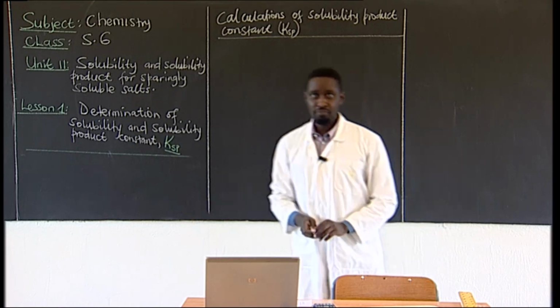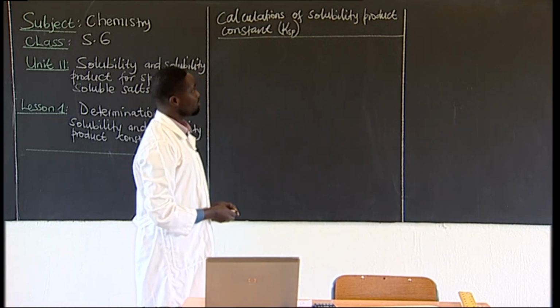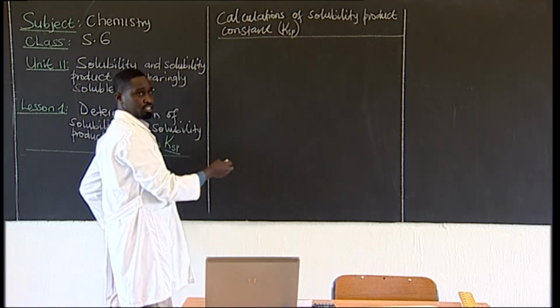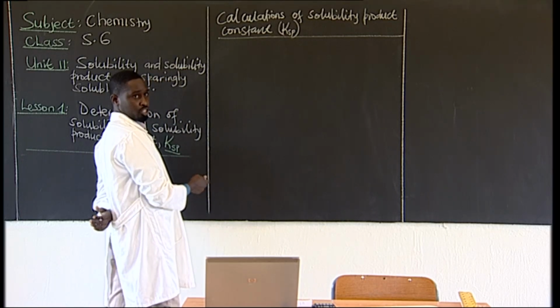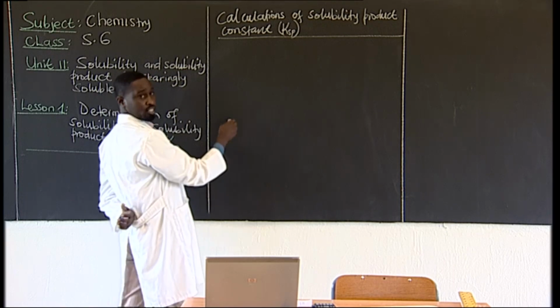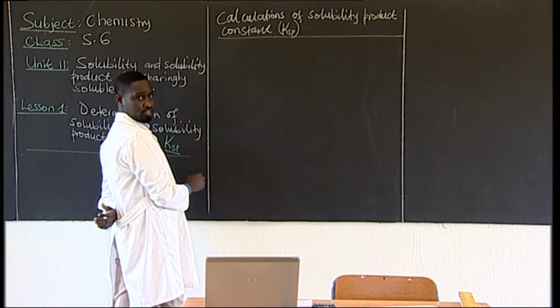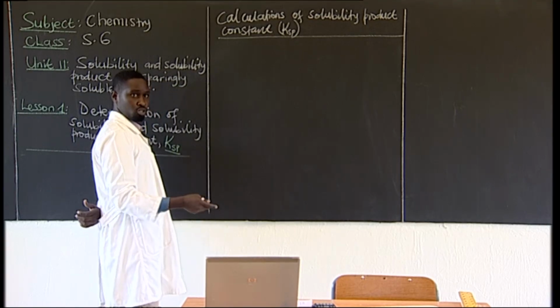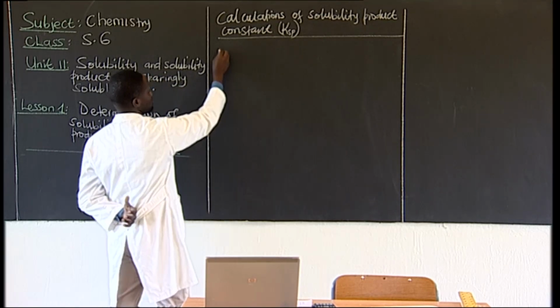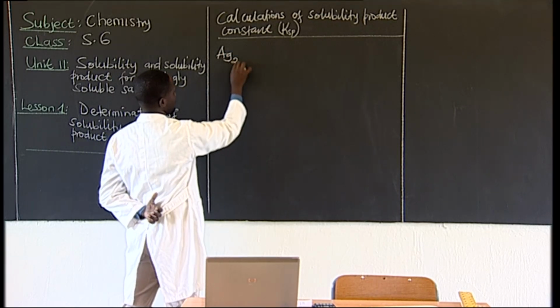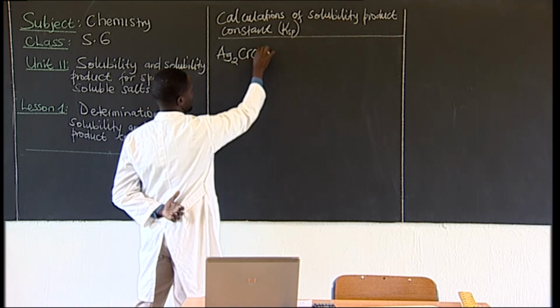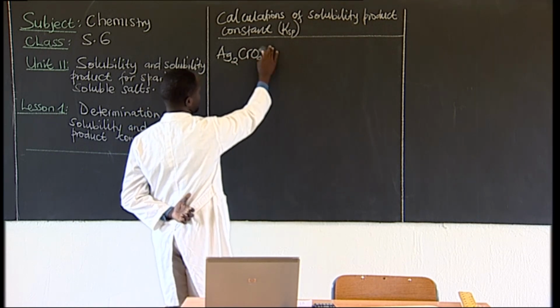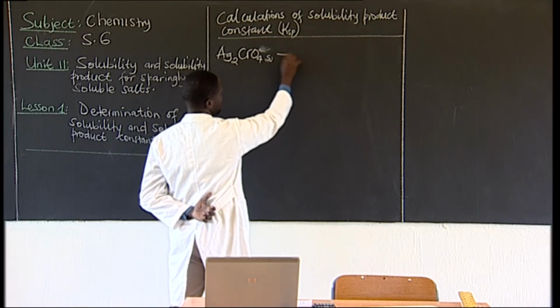So we have that specific example. Let's quickly go through it. They're saying a saturated solution of silver chromate contains that amount, grams per liter, indicating this is the concentration in terms of the mass. So we have silver chromate. Okay, this is as a solid.